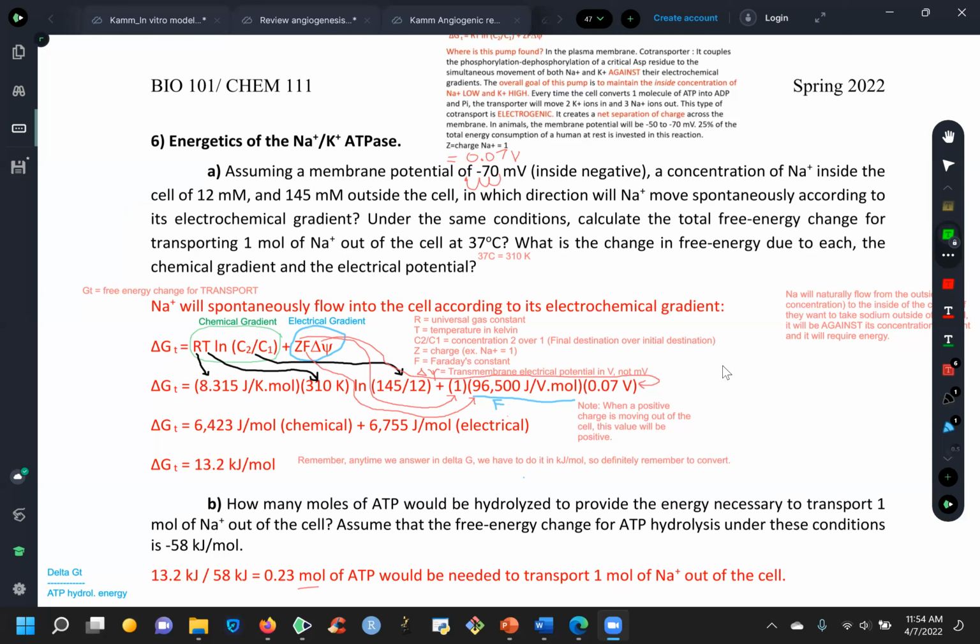If we're moving sodium into the cell, then whatever concentration is here would be our final destination. So C2 is always final destination over initial destination.